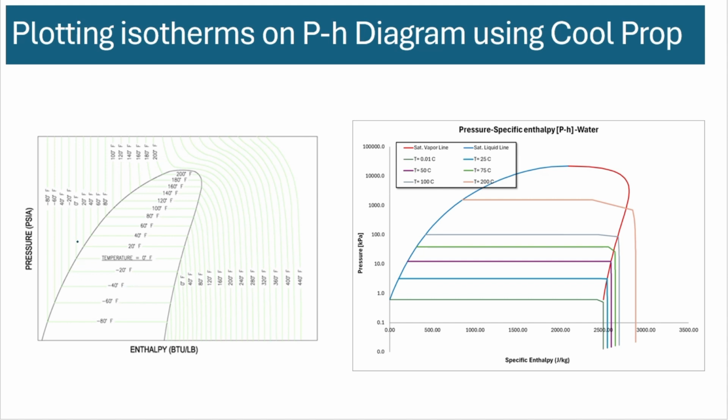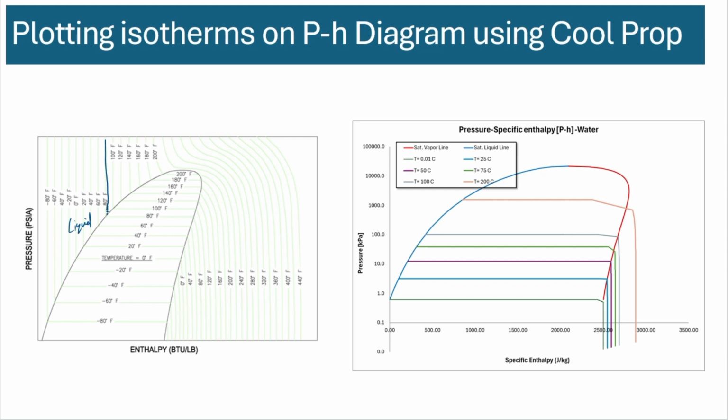All right. We just looked at iso quality lines, how the quality varies inside the dome and outside the dome. How does temperature vary for pressure versus enthalpy and pressure versus specific volume plots? In this particular case, we are looking at pressure versus enthalpy. This is how isotemperature lines, isothermal lines, would look like on a pH diagram. If you pick any temperature, these are all liquids.